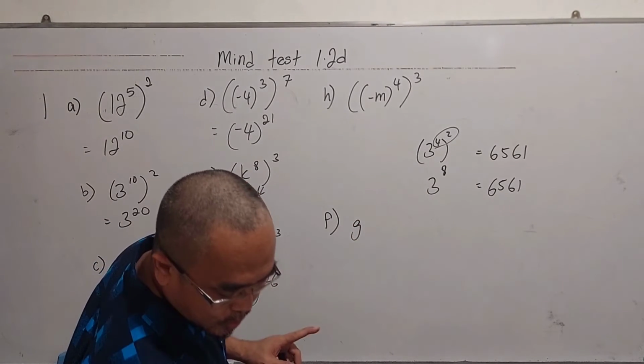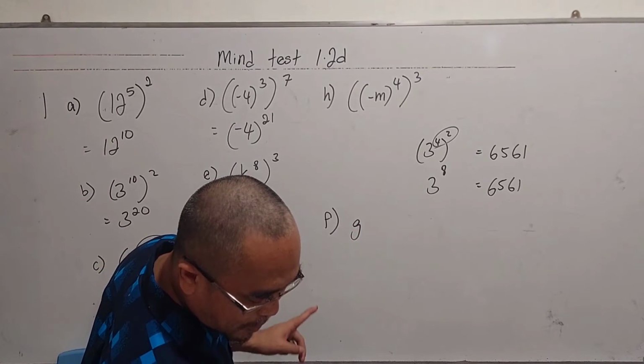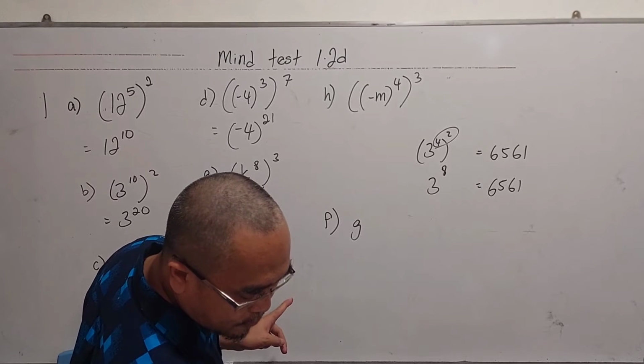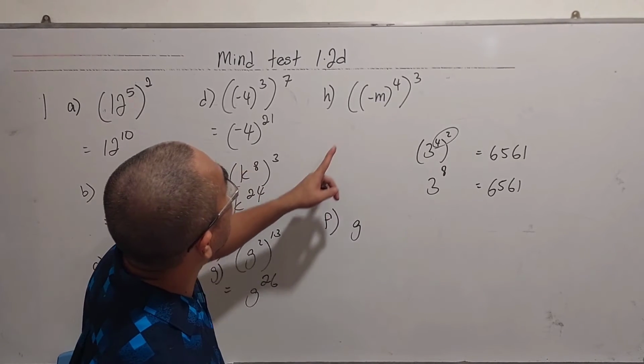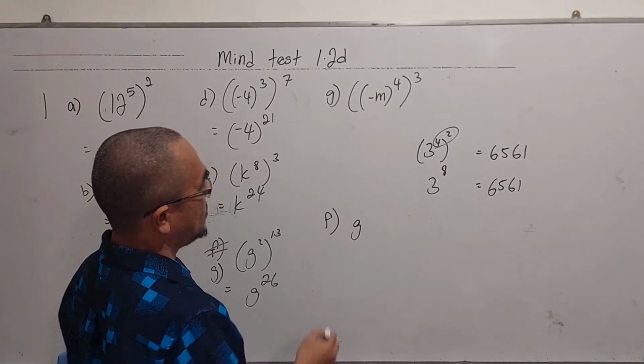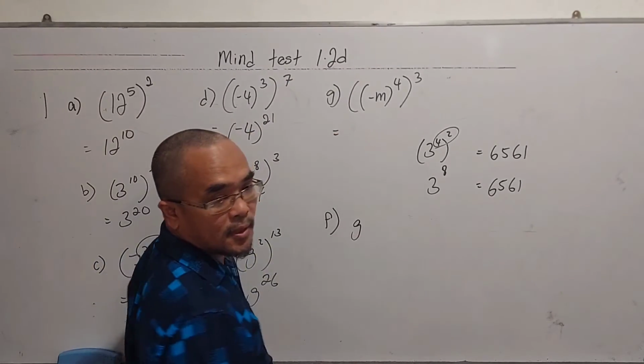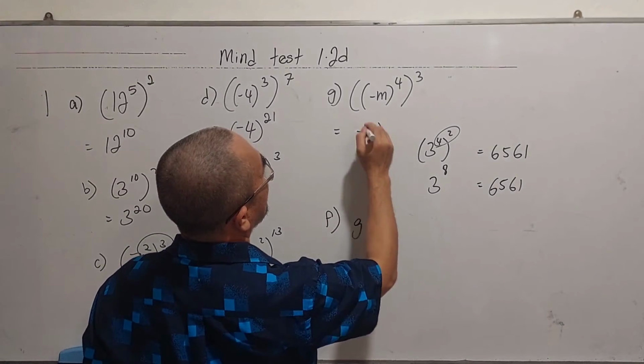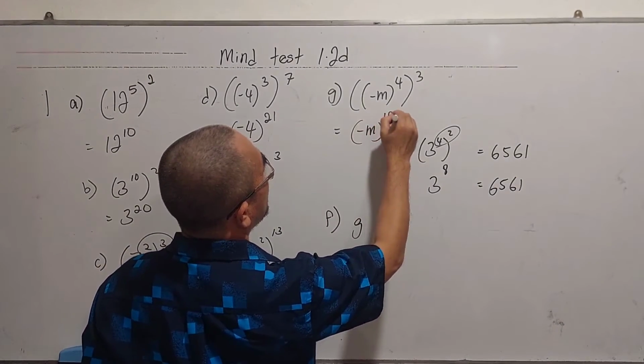Oh, okay. So, for F, G, power 2. For G is M. Oh, this is G. Alright. Okay, G. So, negative M to the power of 12.